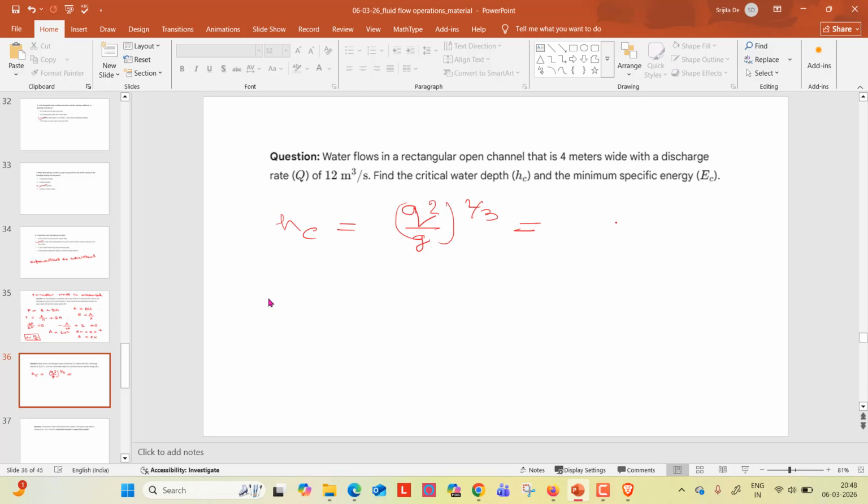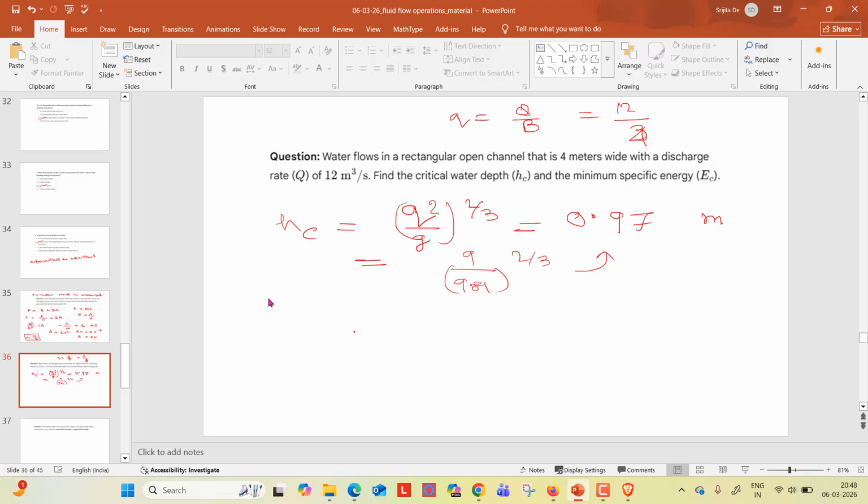I am not putting all the values, okay. We know that q equals capital Q by B, so it is nothing but 12 by 4. So it is (3 square by 9.81) to the power 1 by 3. It is coming as 0.97 meter.